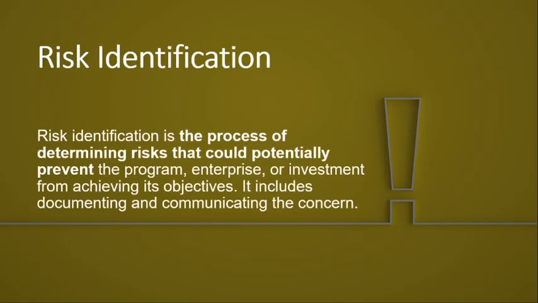Now, risk identification. Risk identification does not focus only on software risk, so let's first look at its general meaning. It is a process of determining the risks that could potentially prevent a program, enterprise or investment from achieving its objective.